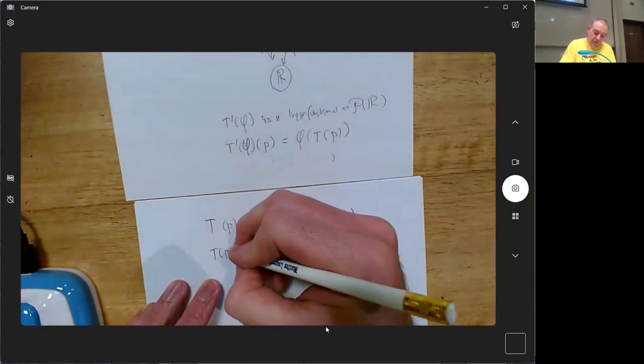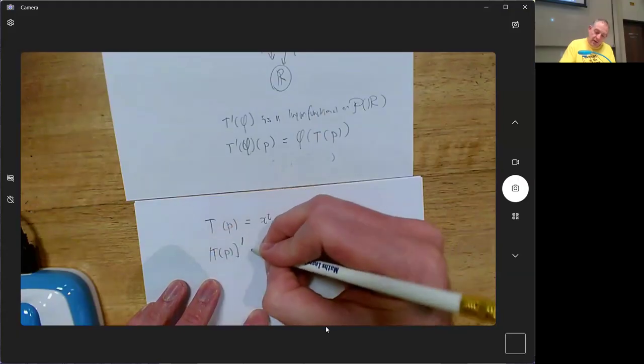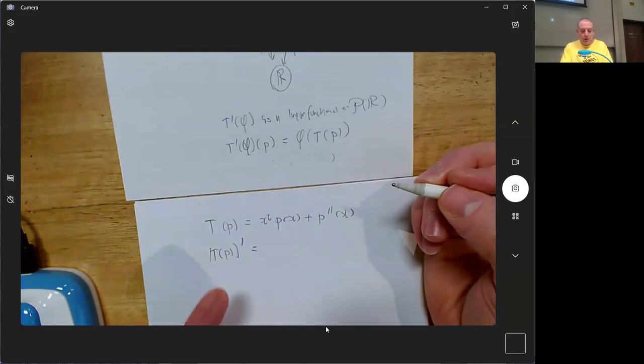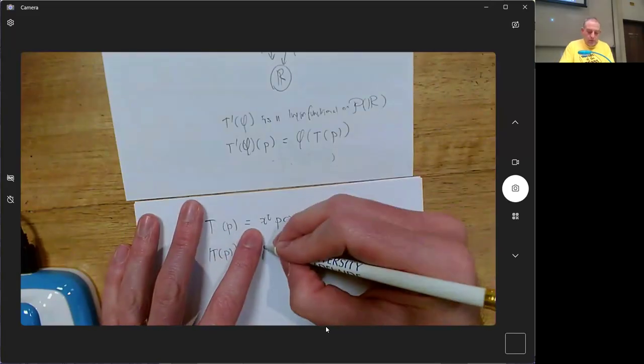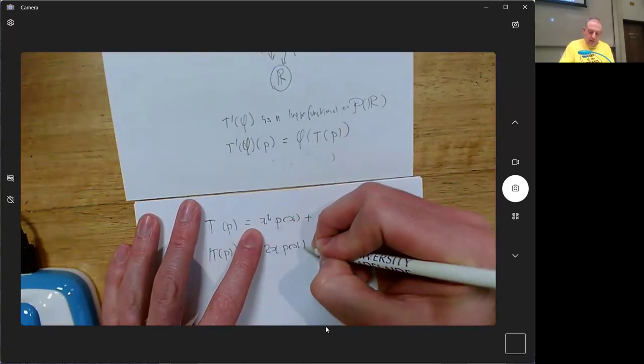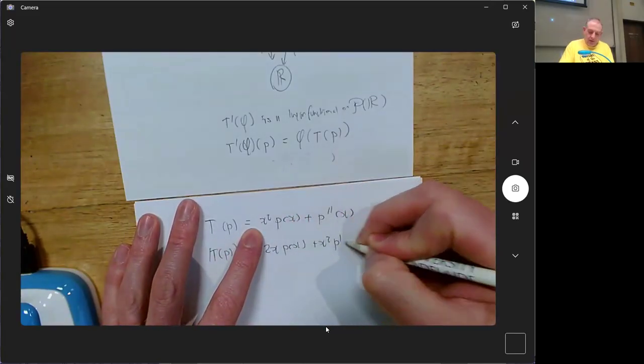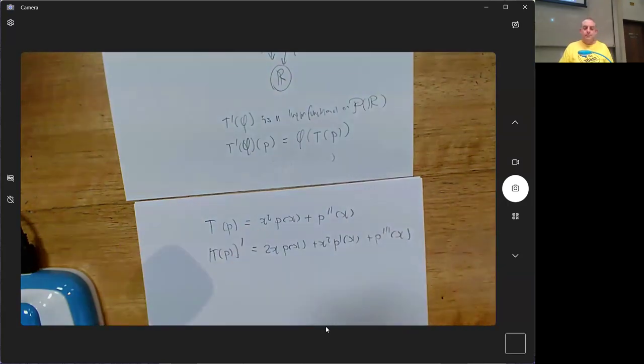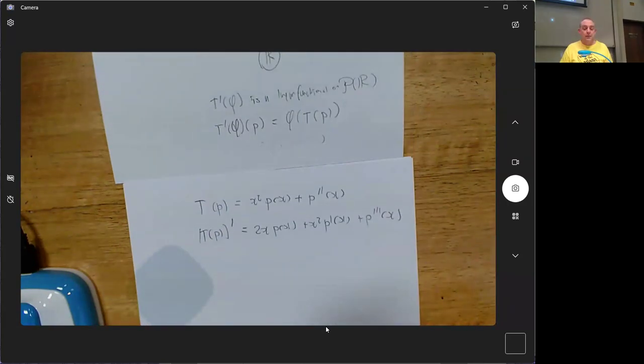So T of P is a polynomial, and so when I do the dashed on that, I'll get, based on the chain product rule and things, 2x times P of x plus x squared times P dashed of x plus P triple dashed of x, right?